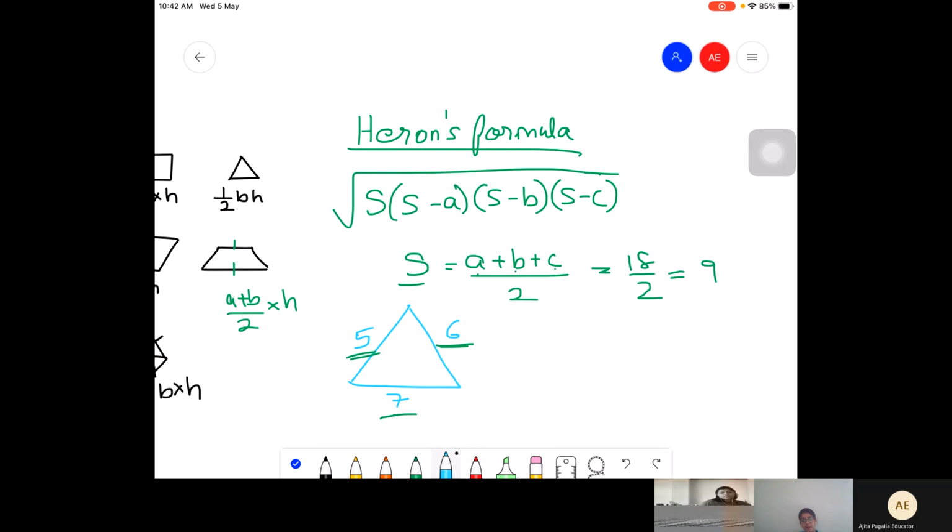So 3 times 4 times 3 times 2 times 9 square root. So 9 times 4 is 36, 36 times 2 is 72, 72 times 3 is 216. Square root of 216 is 6. So the answer is 6. That's the area.